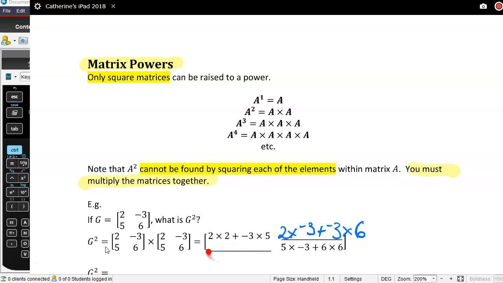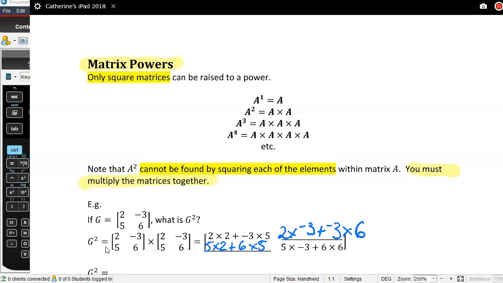so for this element here, I've got to do the second row by the first column. So it's 5 times 2 plus 6 times 5.